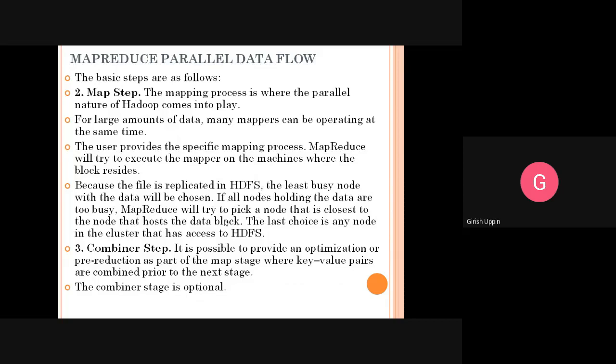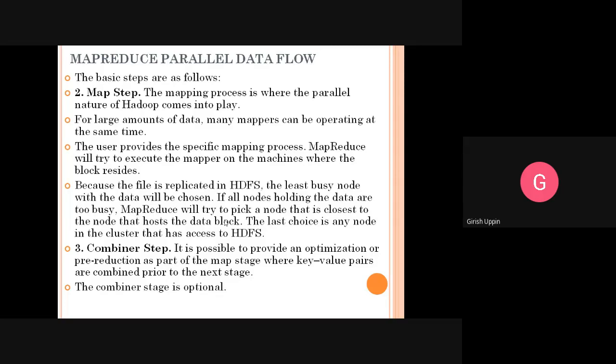MapReduce will try to execute the mapper on the machines where the block resides. So the mapping function is given by the user, meaning the programmer, and the mappers get executed on the machines or servers where the actual block resides, because we are going to take the processing to where the data is available.